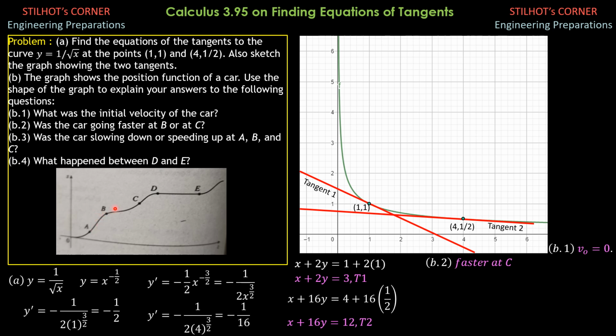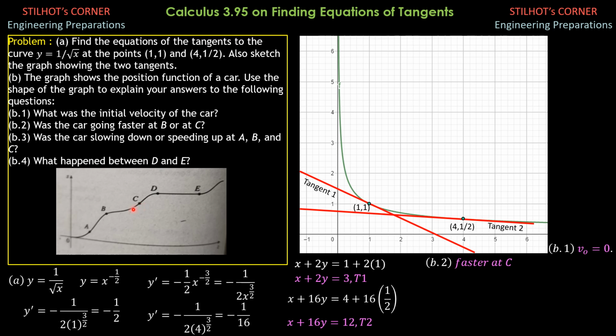At B, the slope of the tangent is decreasing, as explained earlier. And at C, the slope before C and after C is the same. So that means it is neither slowing down nor speeding up at C.